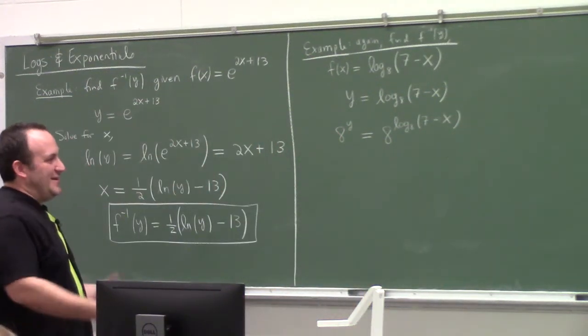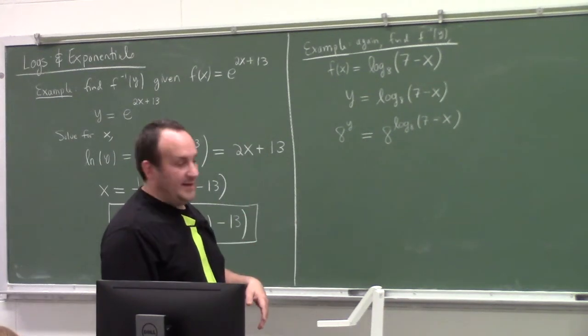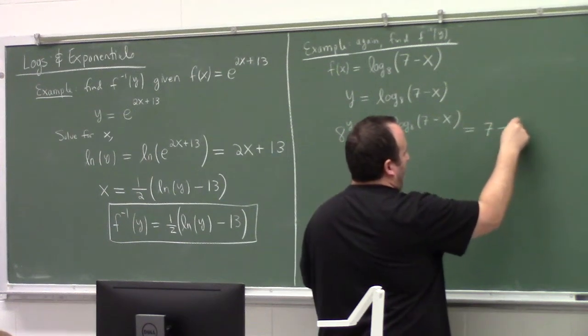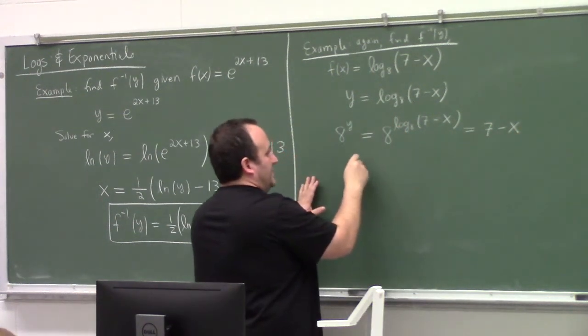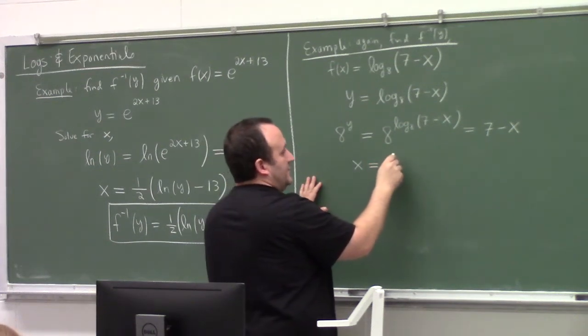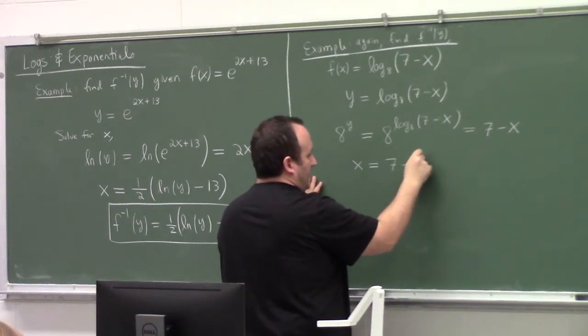So of course, on the right-hand side, the 8 and the log base 8 cancel, right? So this is 7 minus x. And over here, what we got is x equals 7 minus 8 to the power y.